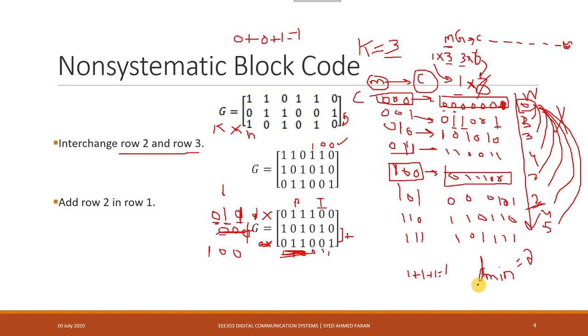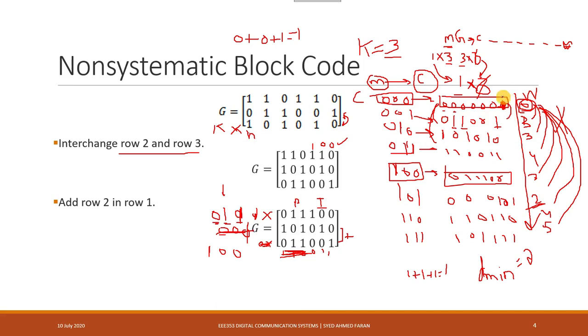But since the minimum distance involves the distance between two vectors, the minimum distance between any two code words is not 0, it is a non-zero value. So this 0 is not an important value when calculating minimum distance, because it does not involve calculating the distance between two vectors.